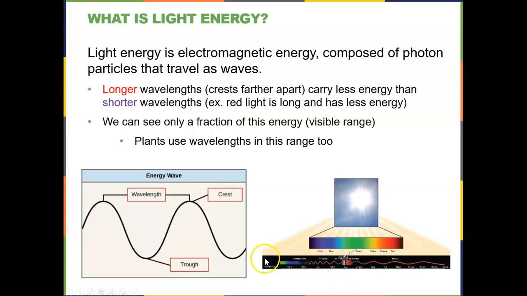So in the entire electromagnetic spectrum, there's only a short region that we can actually see. There is light energy in longer wavelengths than we can see and shorter wavelengths than we can see. What we can actually see is the visible spectrum, and this is also the range that plants use in order to photosynthesize.